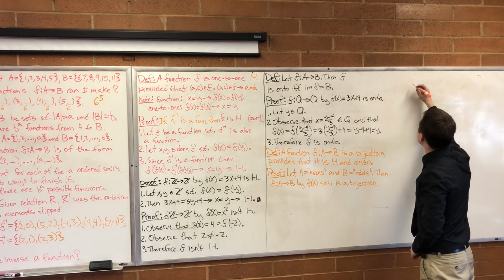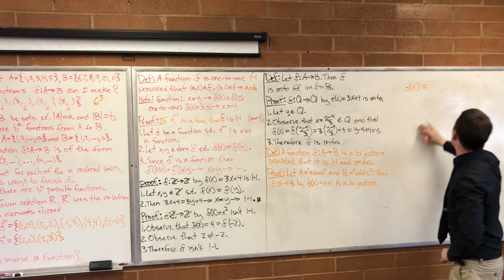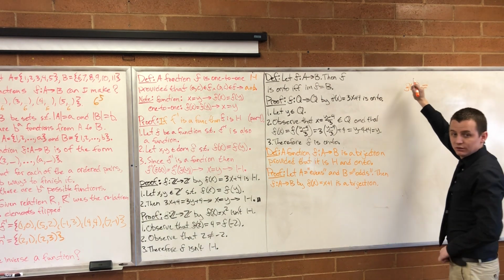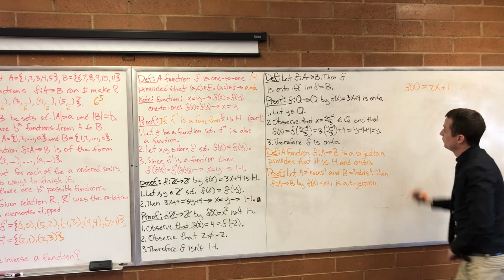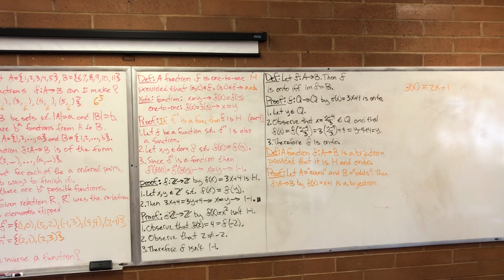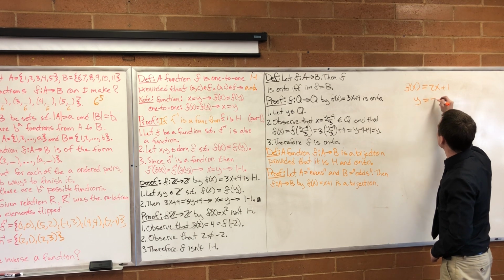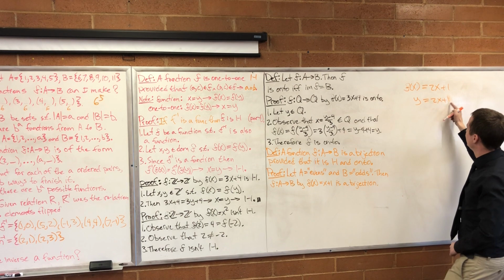If I have f of x, we'll assume it's from the reals to the reals like you're used to, is equal to, what do you want? 2x plus 1, something like that. Let's find the inverse of it. Well, first off, you're used to thinking about this as the right-hand element is equal to double the left-hand element plus 1.